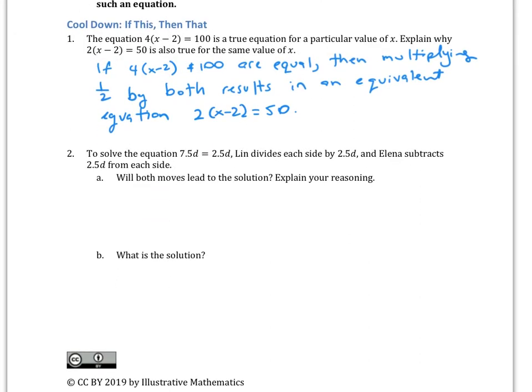Okay, the next question says to solve the equation 7.5d equals 2.5d, Lynn divides each side by 2.5d and Elena subtracts 2.5d from each side. Will both moves lead to the solution? Explain your reasoning.